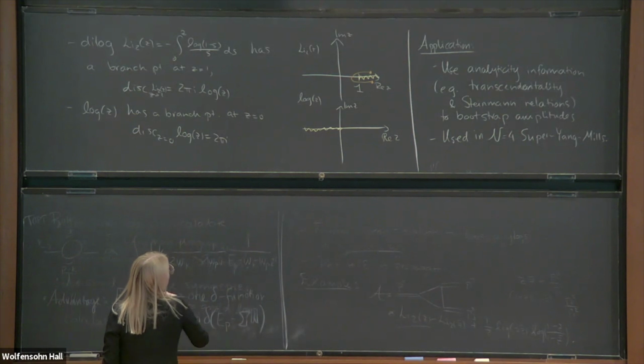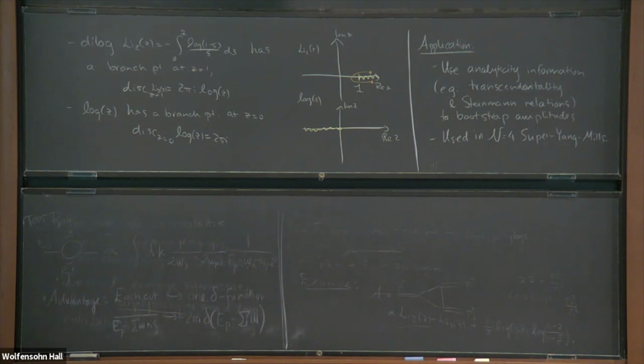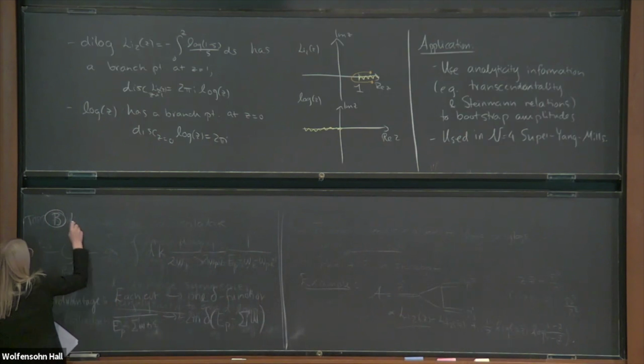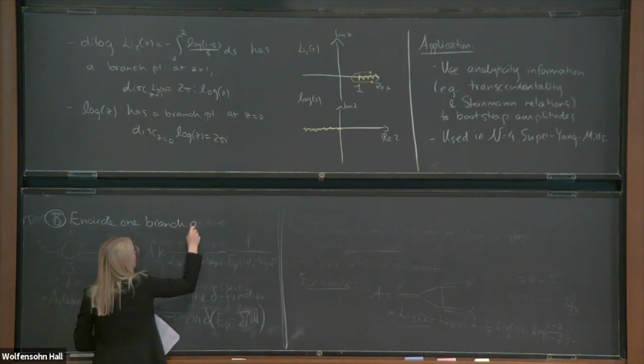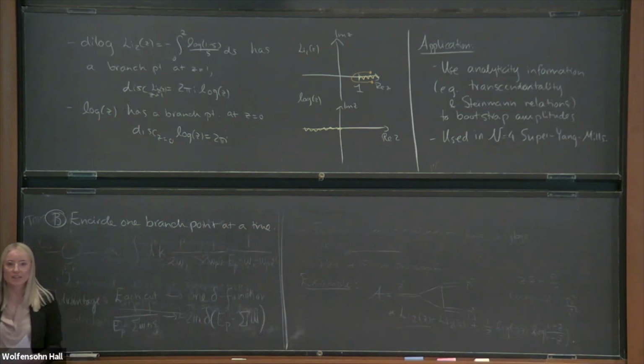So let's see. We had method A and method B for generalizing the cutting rules. Now we're done exploring method A for a while, and we're going to explore method B. We don't want to limit ourselves to these energy rotations, but rather encircle one branch point at a time.